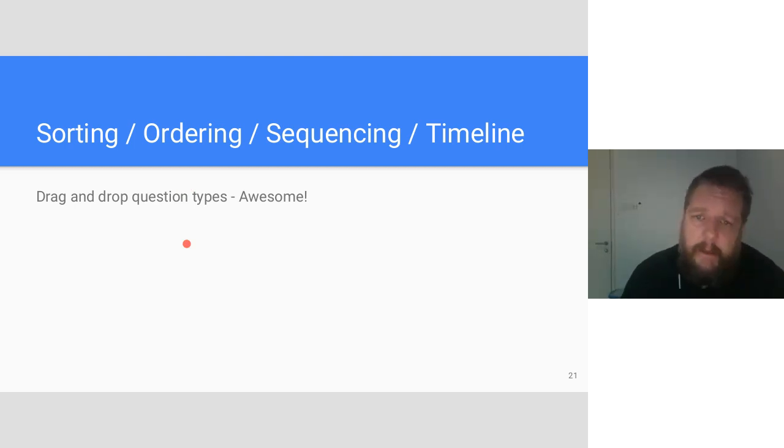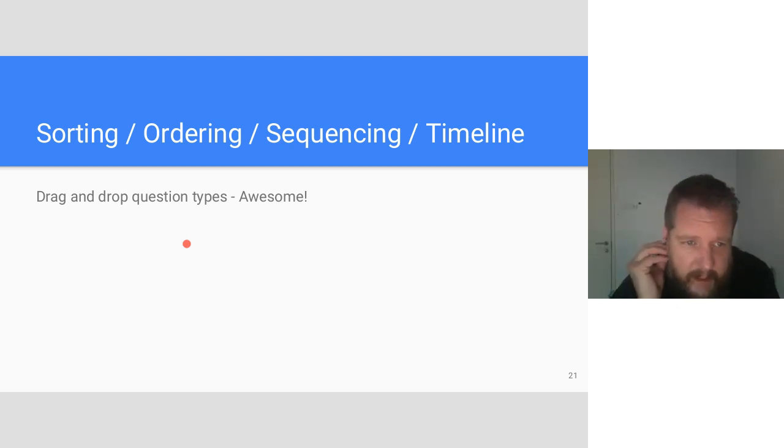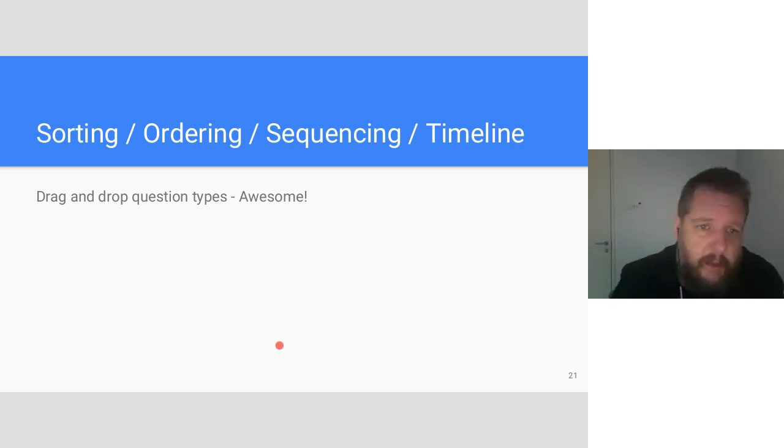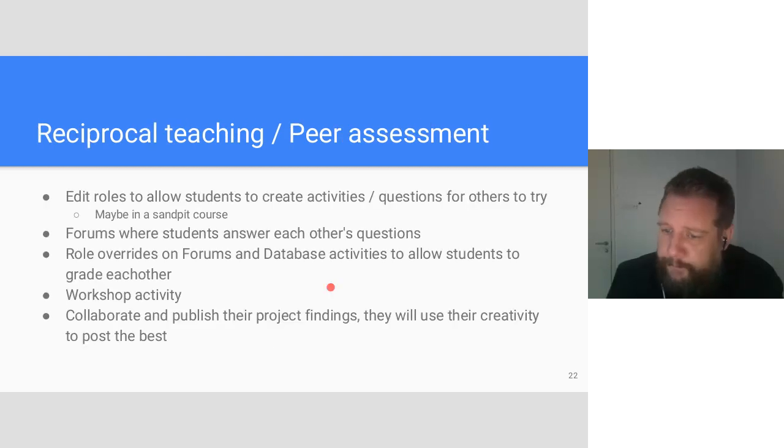Really, really good. And of course, there's all the Hotpot plugins and that kind of thing still ticking along. But I'd definitely suggest having a look at the drag and drop question types so you can do some sorting and ordering tasks with your students. Open shareable whiteboard space would be good in Moodle too. Yeah, definitely.